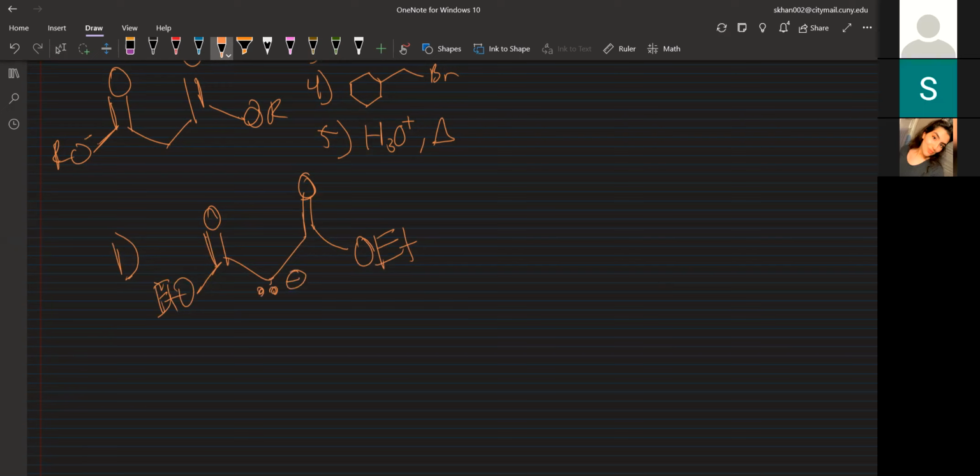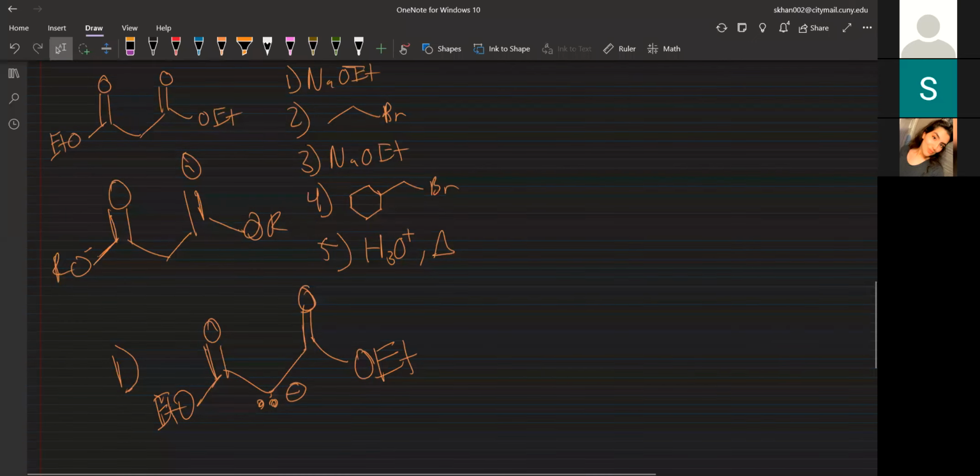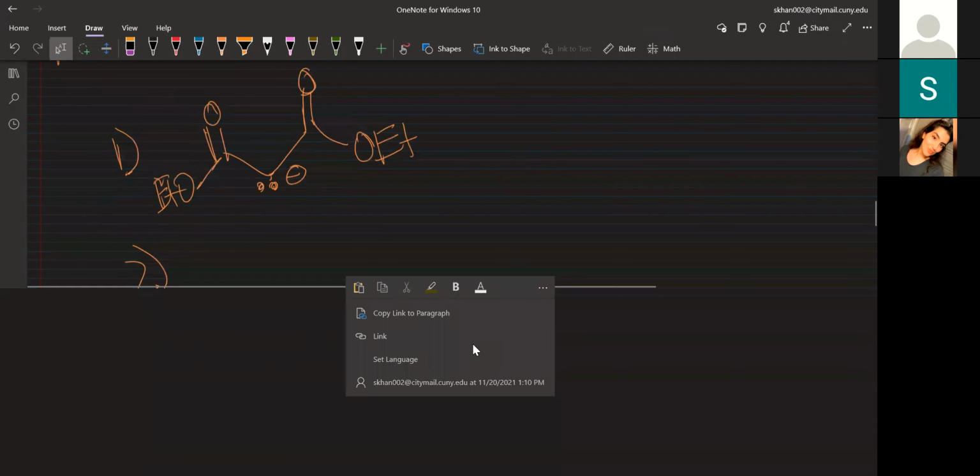That just deprotonated it. Next step, we have an alkyl halide. So we have a nucleophile here and an electrophile, and they react with each other. This is a typical SN2 type reaction.